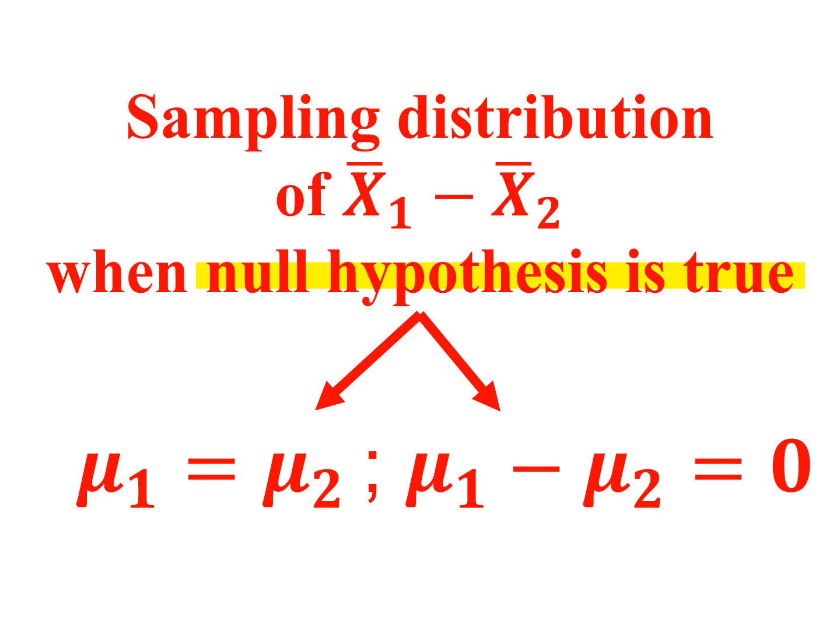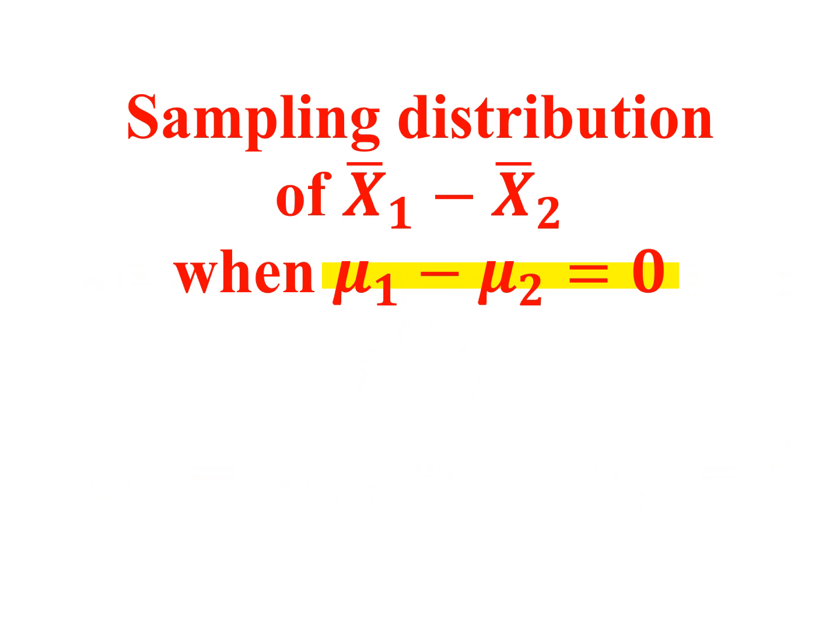So these mathematical expressions are equivalent. Sometimes statisticians use one form, sometimes they'll use the other. For the present purposes, we'll use the form mu1 minus mu2 equals 0, and we'll substitute it into the name.